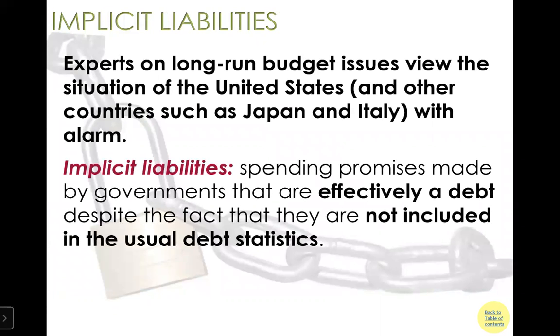Okay, so regarding debt, there's one thing that is important but has been largely overlooked. This is called implicit liability. So what is implicit liability for the government? Essentially, those are the spending promised by the government, but they're effectively debt. Examples include Social Security payments or Medicare, right?